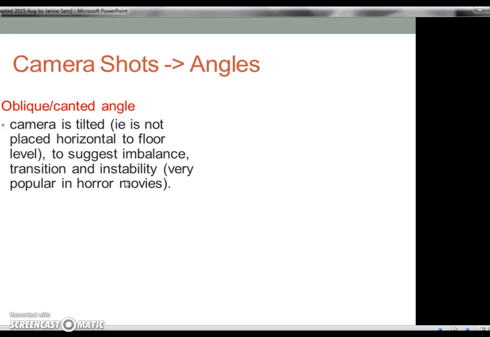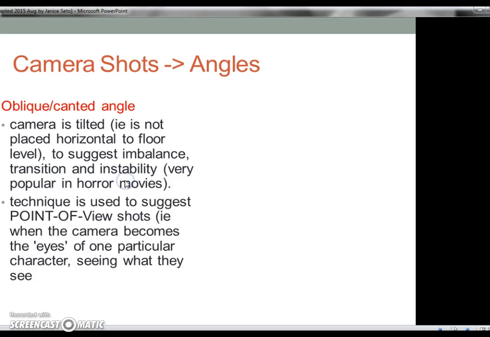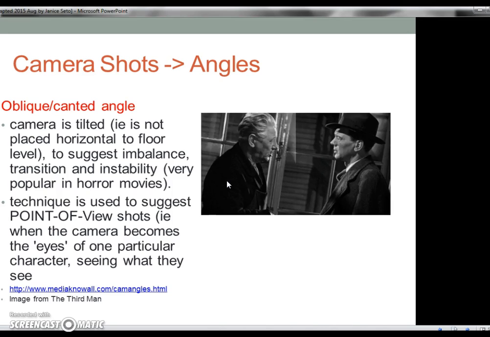Now there's some more intriguing shots. I've only got two of them. So the oblique angle is like you're filming without a tripod. And so here's an example from the movie The Third Man, where you've got Joseph Cotten in the foreground, and although they're looking straight at each other, you could tell that it's sort of slanted.